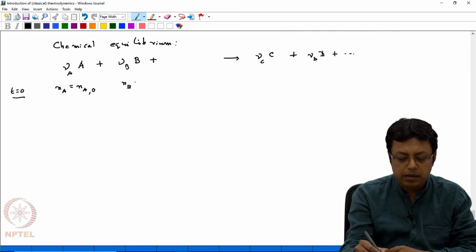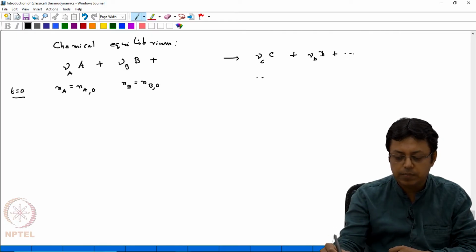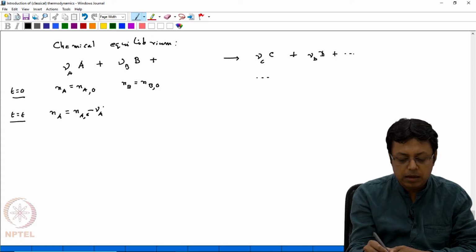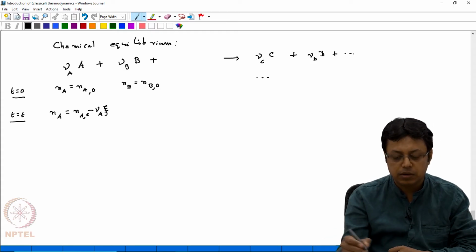Similarly, Nb corresponds to Nb0 at time 0, and so on. And in this way, if you ask at any arbitrary time t what is the amount of Na, this will be the initial amount, Na0, minus nu A into xi, where xi is the advancement of the reaction.